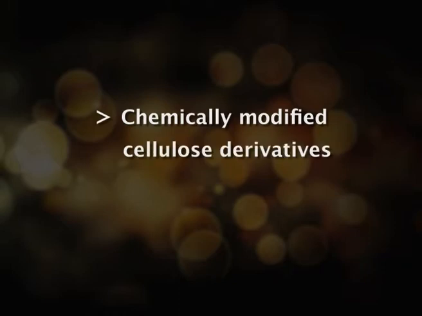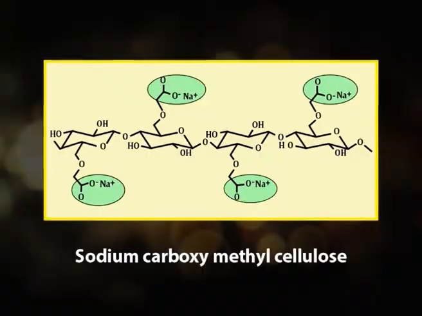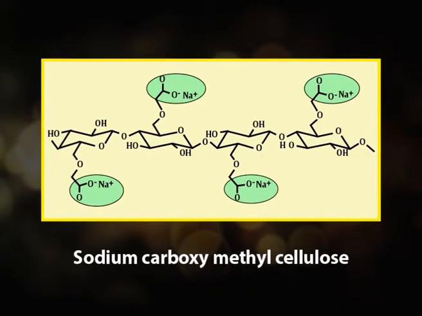Chemically modified cellulose derivatives. Despite the wide variety of cellulose derivatives that have been made, notably acetate and nitrate esters, only a few of the cellulose ethers find application in foodstuffs. The most widely used cellulose derivative is sodium CMC.